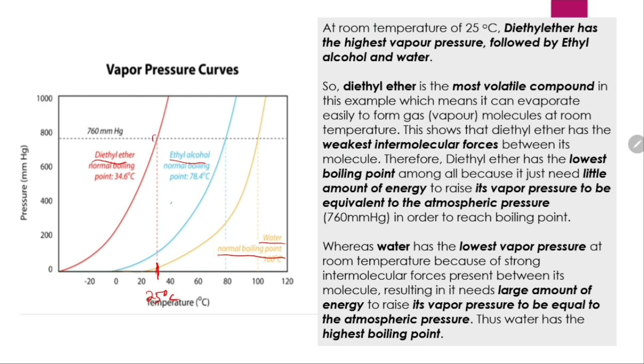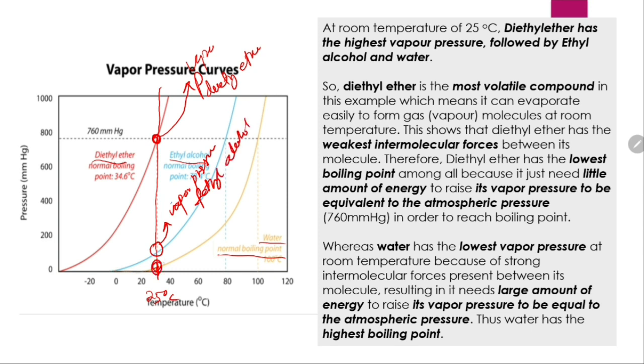Where this red curve intersects 25 degrees Celsius is the vapor pressure for diethyl ether. This one for ethyl alcohol is here. So this is the vapor pressure of ethyl alcohol, and this one is the vapor pressure for water.